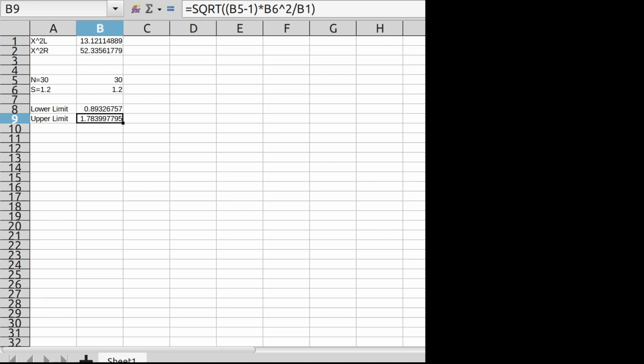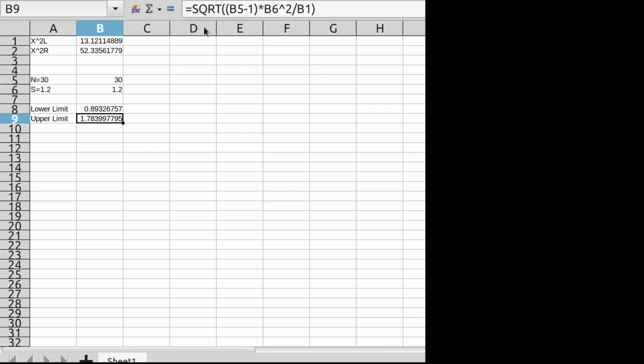B1, let's see here. I have n minus 1, 36 squared, divided by 52. That's right, divided by 13.121. I'm getting a slightly different number than the book here, so let me make sure I calculated that right.